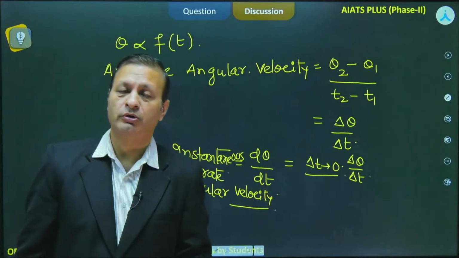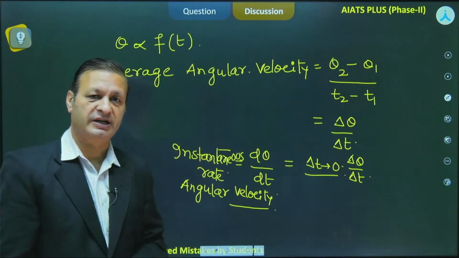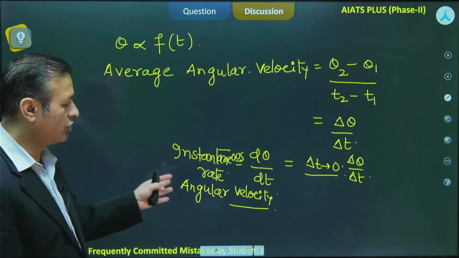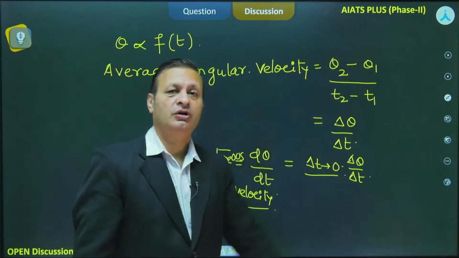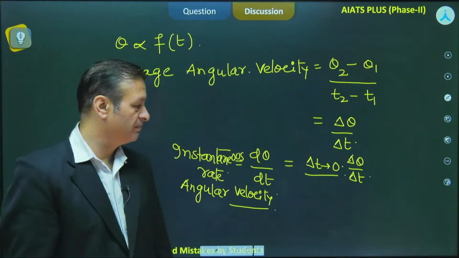This is one more point which needs to be noted for this variety of question. If they ask you the average concept, then you go by the formula theta 2 minus theta 1 by t2 minus t1.